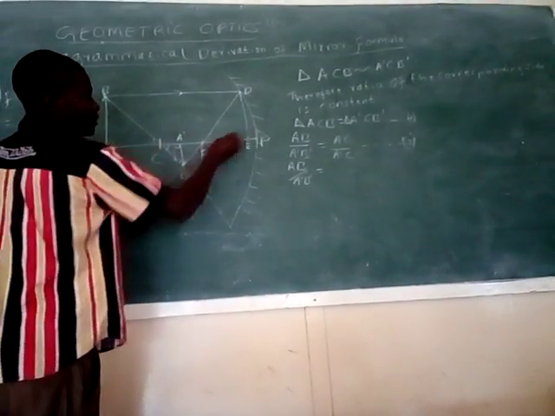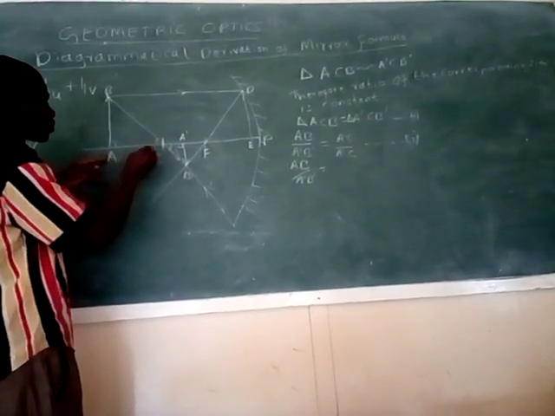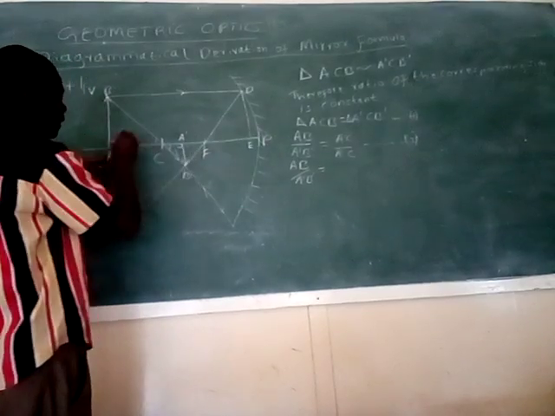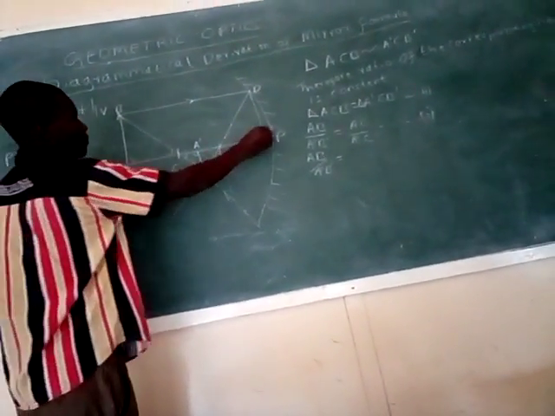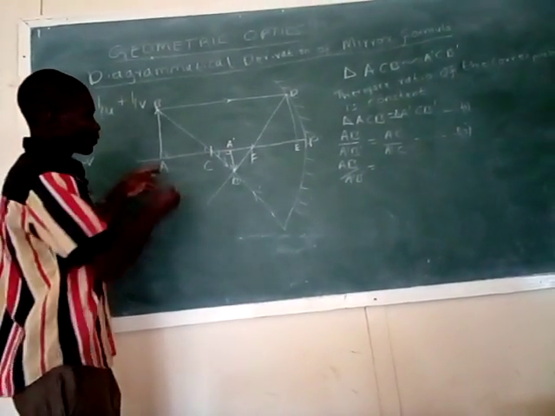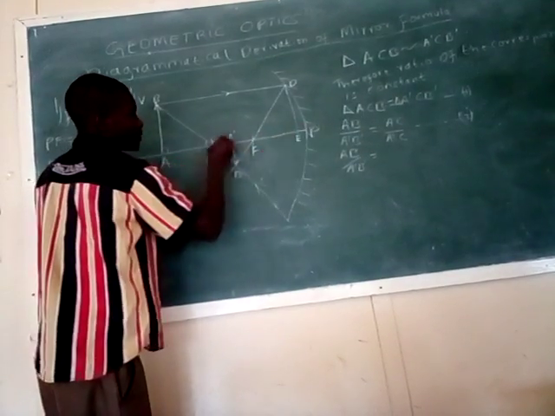For this case, it is P. Now, AC is equal to PA minus PC. For us to get AC, it is PA minus PC.